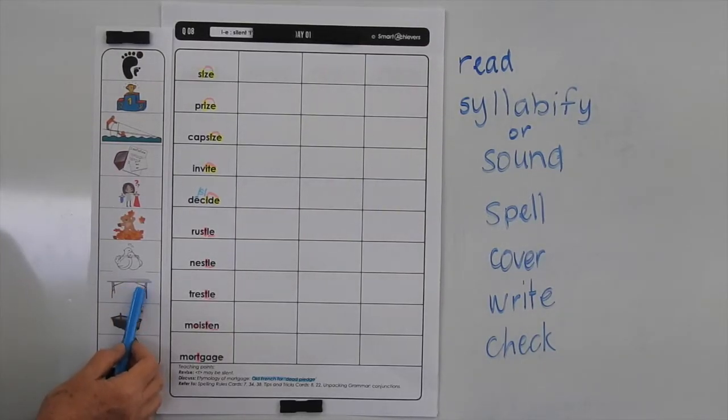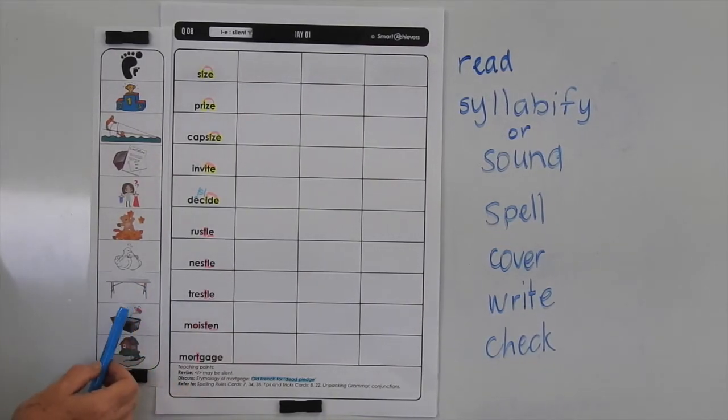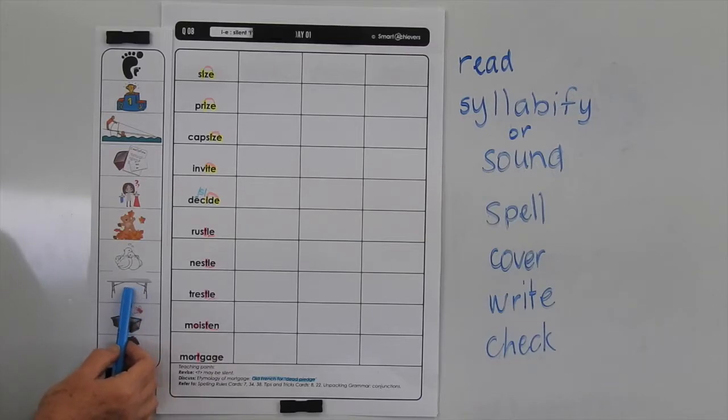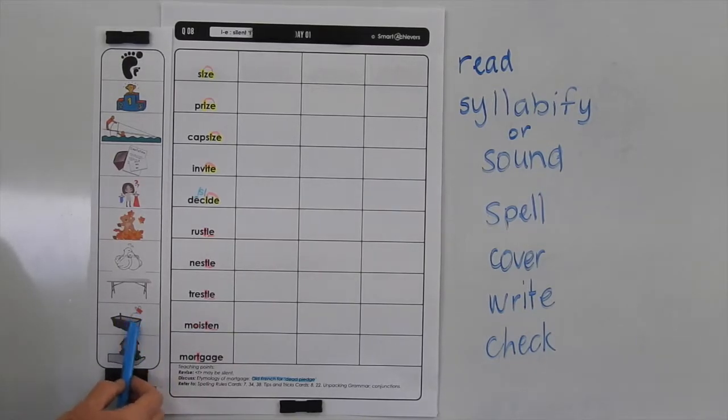So it's something that carpenters or builders would use as well for holding that material still while they work on it. Moisten means to dampen something, to make it a little bit wet. And a mortgage, as we said before, it's a dead pledge, but really it's a loan. Today we use it as a loan for buying a property or a house.